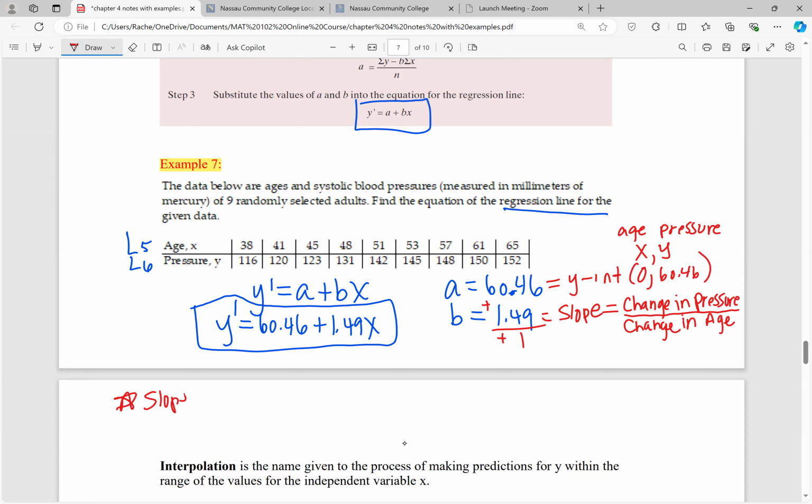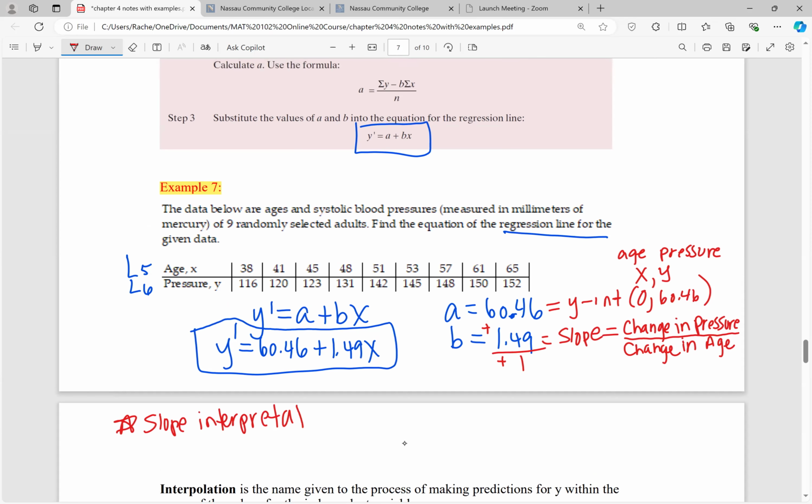So I'm going to write that right here. Slope interpretation.